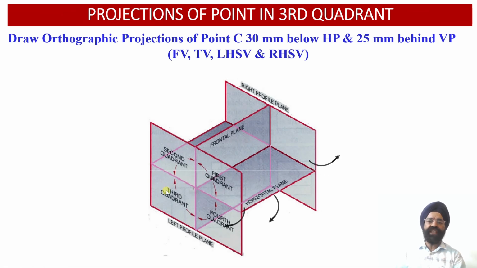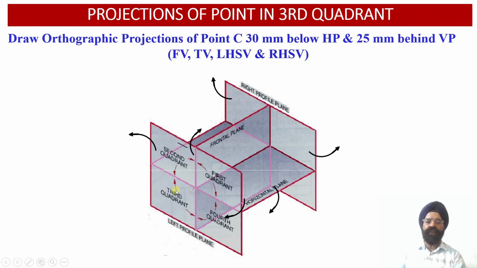Now when we look at this object from the front view orientation, top view orientation and the side view orientation, the projections of the object onto the reference planes will be obtained in mutually perpendicular directions.